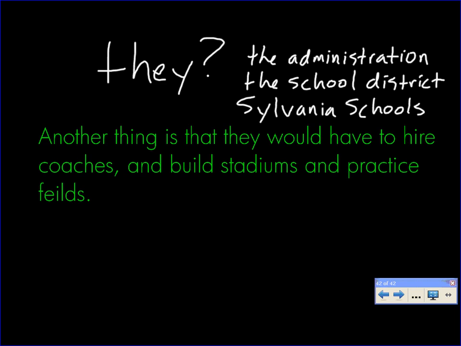Often students, and well, adults also talk about this when they're talking about government organizations or some sort of authority. They say, you know what, they should outlaw cell phones in cars. Who's they? Could somebody tell me who they is in that sentence? They should outlaw cell phones in cars. Yeah. The government. And it'd be even better to specifically name which government. Who would outlaw cell phones in cars?